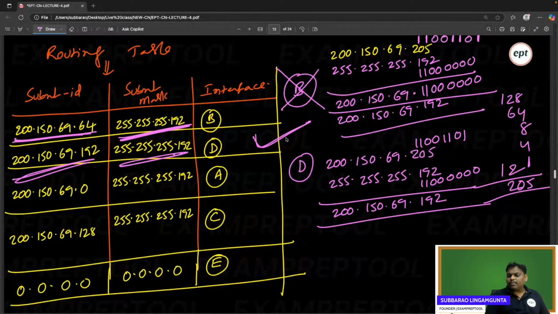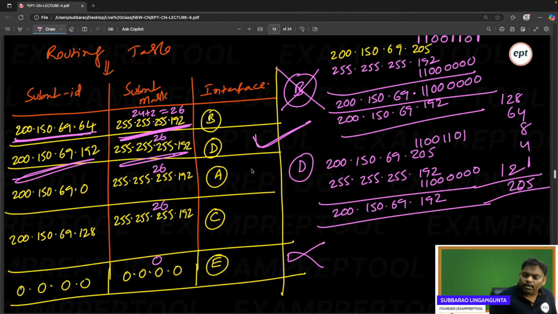I think in the subnet mask all contain same ones or not. In the subnet mask, if you observe here, 24 plus 2, 26 ones are there here. Here also 26 ones are there. Here also 26 ones are there. Here also 26 ones are there. Here 0. Even though he will pass because of less people leave it.